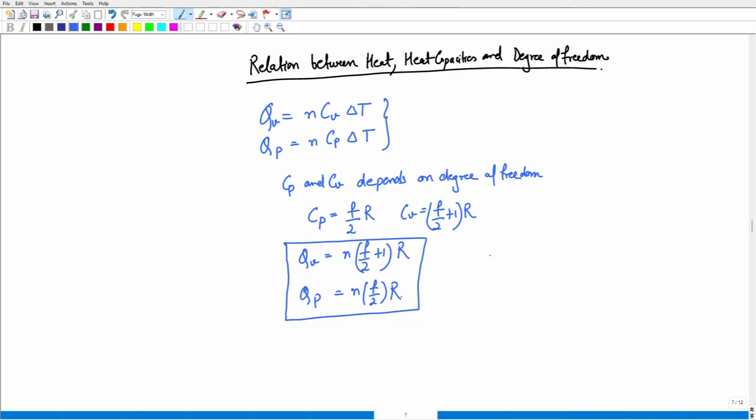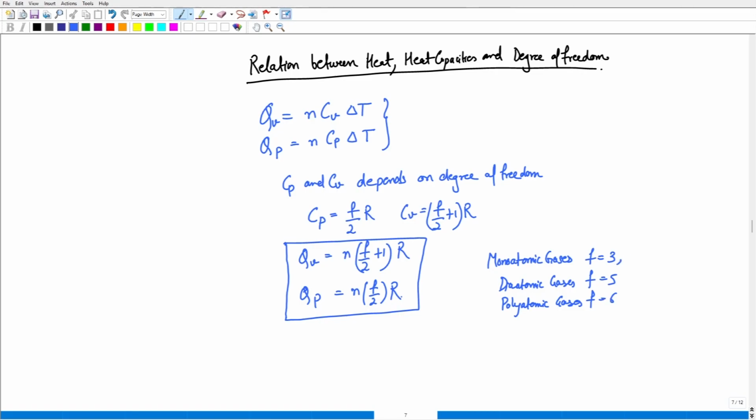And we know for different kinds of atomicities we have different degrees of freedom. For monoatomic gases, F is 3; for diatomic gases, F is 5; for polyatomic gases, F is 6.